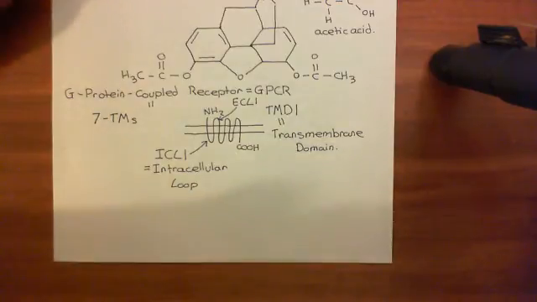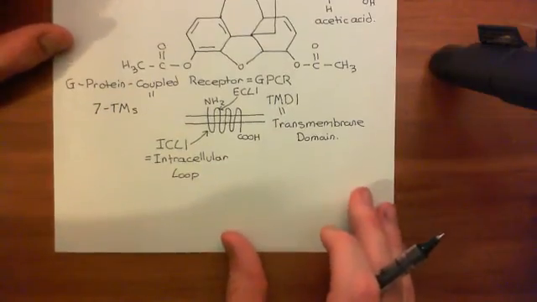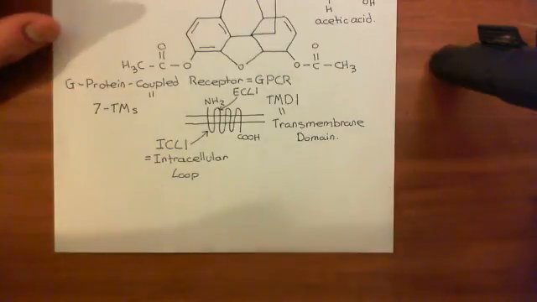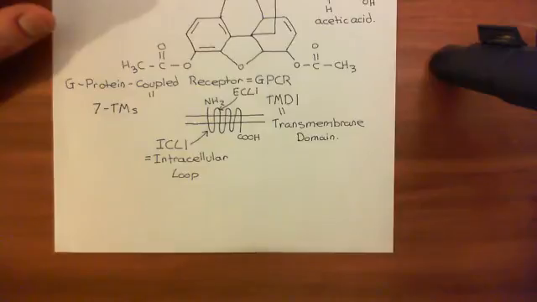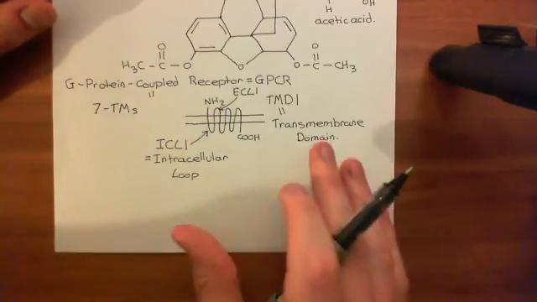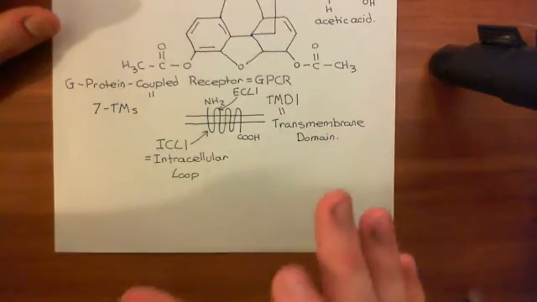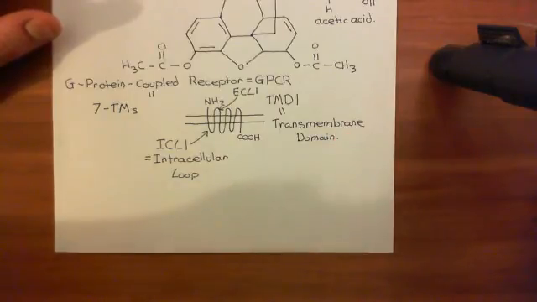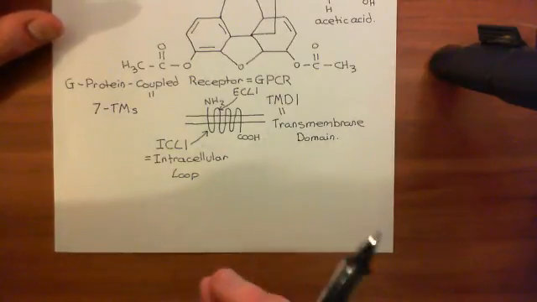Right, okay, so let's now talk about the classification of G protein coupled receptors. In the human genome alone, there are over 800 G protein coupled receptors, which makes them by far the biggest family of proteins in all of biology. They are massively used by nature.